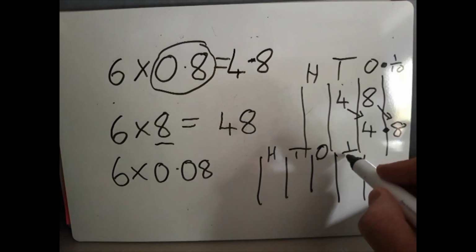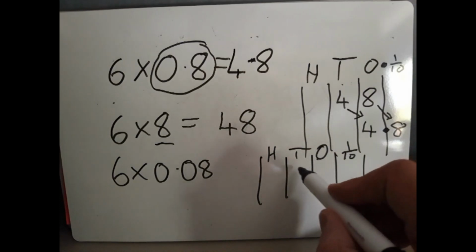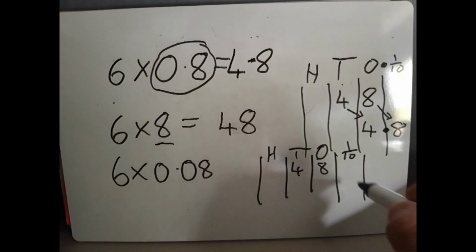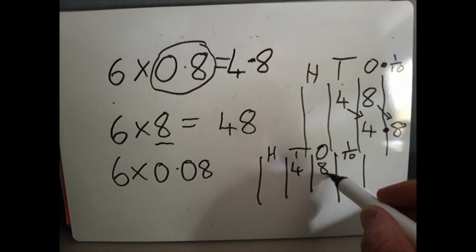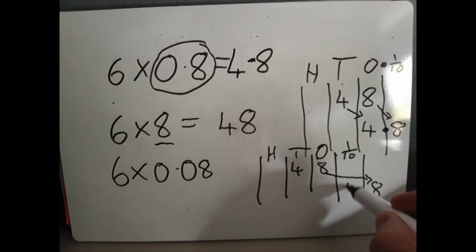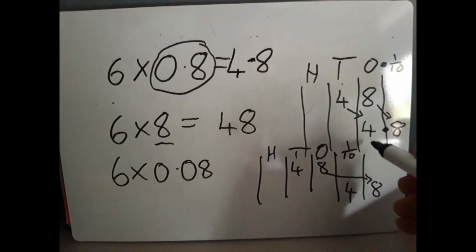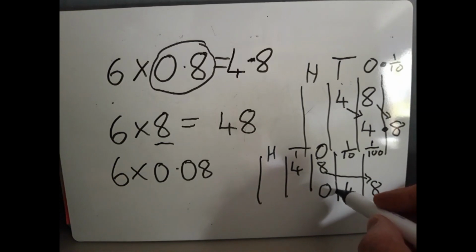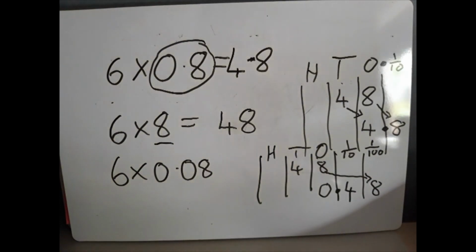We already know that this is the tenths column. Our answer to 6 times 8 is 48, but we're moving it 2 places this time. So the 8 is going to go into this column here, and our 4 is going to go into our tenths column, still the 4 and the 8 together. This next column is our hundredths column. So how many ones have we got? We haven't got any. Always have a decimal point in between there: 0.48.